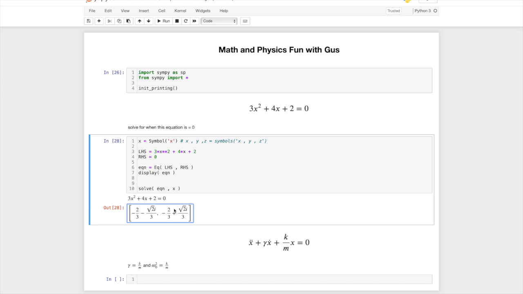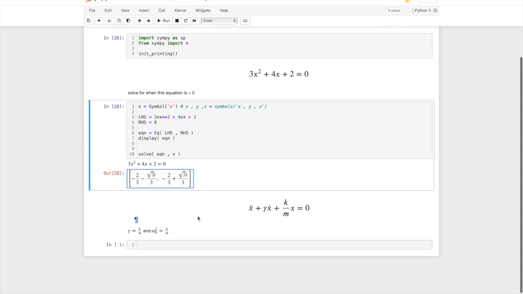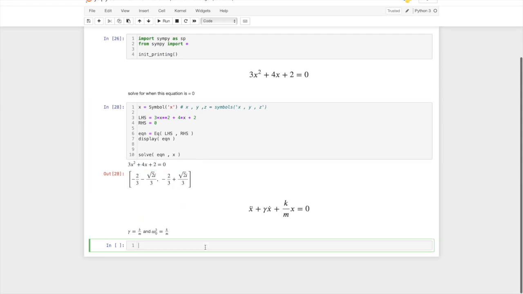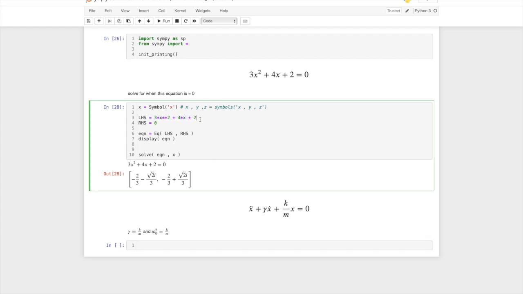And then we get the same distance on the real axis, and then you get square root 2 divided by 3 upwards in the imaginary axis. So that's really it. There's not much more to that. You can change this around and play around with the equations you get, but you pretty much get the basics.